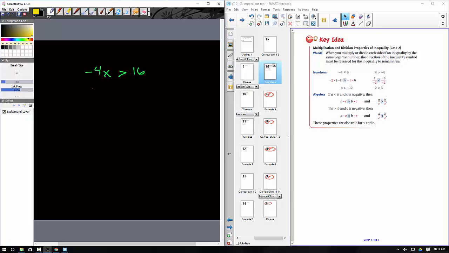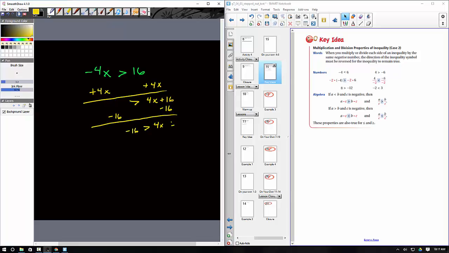What we've been doing in the past is first adding 4x to both sides. And then I have 4x plus 16 is less than nothing. I then have to move over the 16. So really I'm just switching sides here. Do you notice that? And I'll rewrite it, and I'll have 4x is less than negative 16.